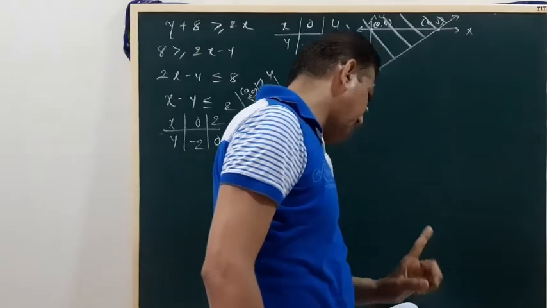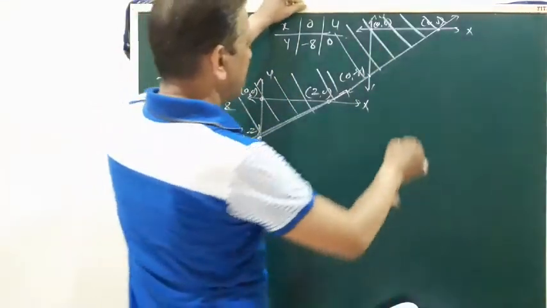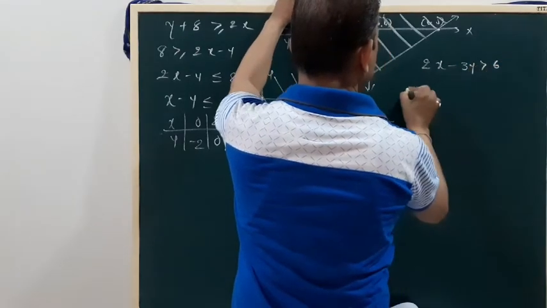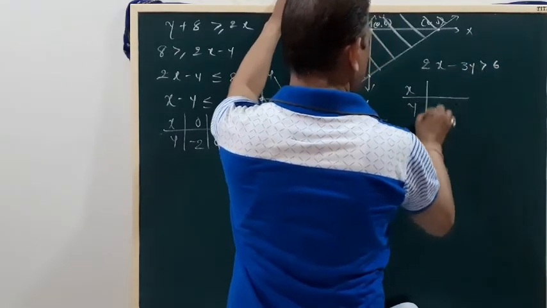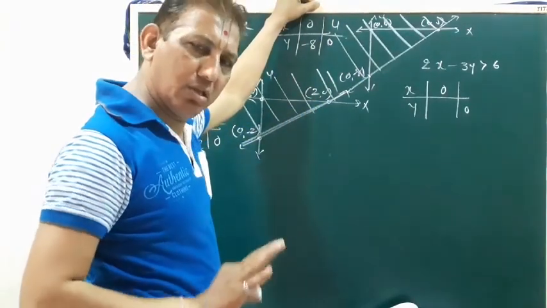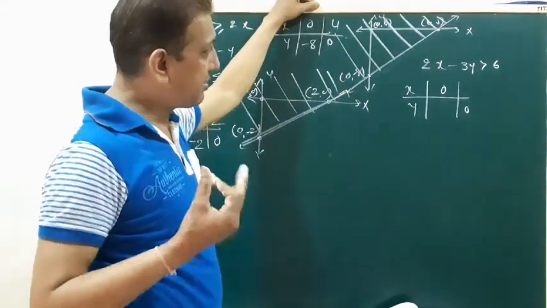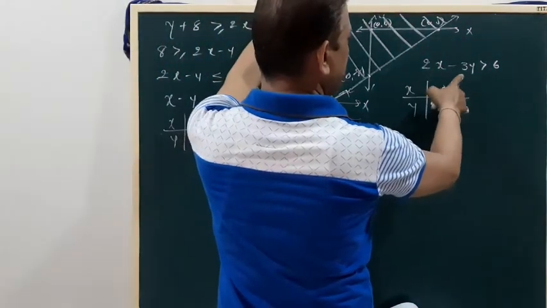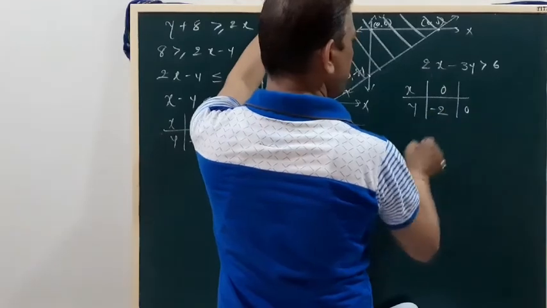Now 2x minus 3y greater than 6. Next question. Exactly the same method in all the sums. Put x equal to 0, so minus 3y equal to 6, y equal to minus 2.